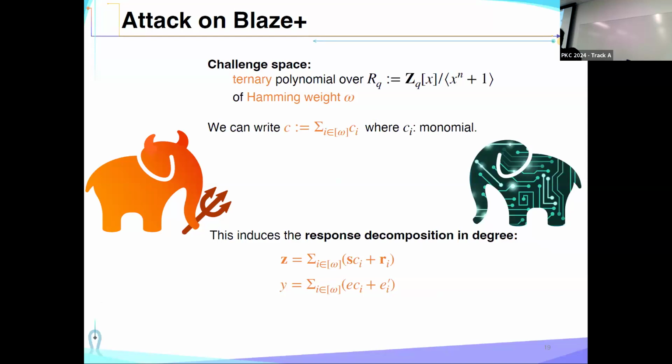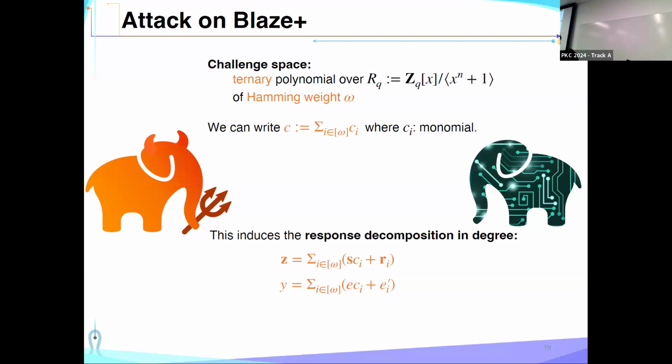So this lets us break the one-more unforgeability of Blaze+, where the challenge space is a ternary polynomial over a polynomial ring with Hamming weight omega. So we can decompose the challenge as the summation of omega monomials, and then we can do something similar.